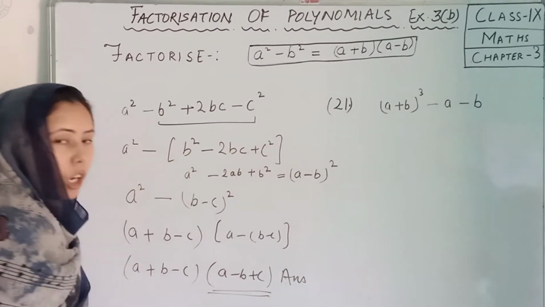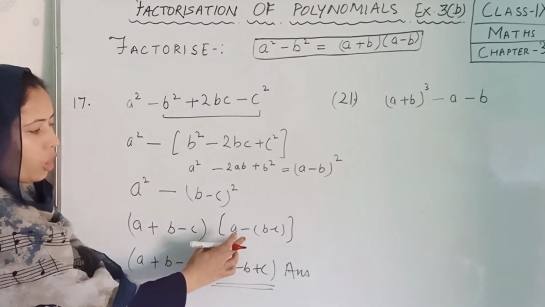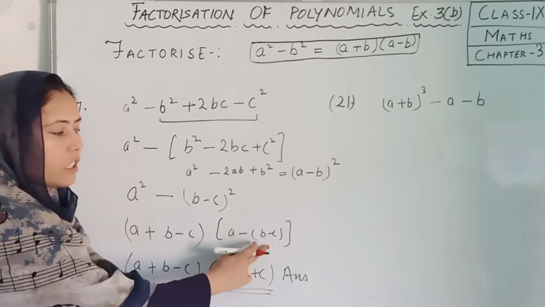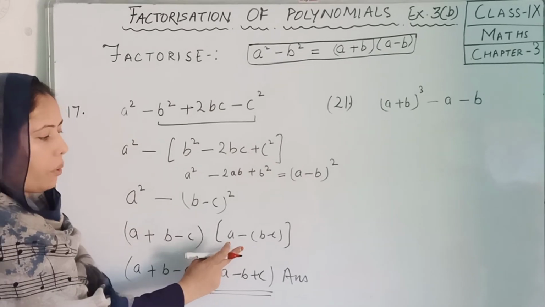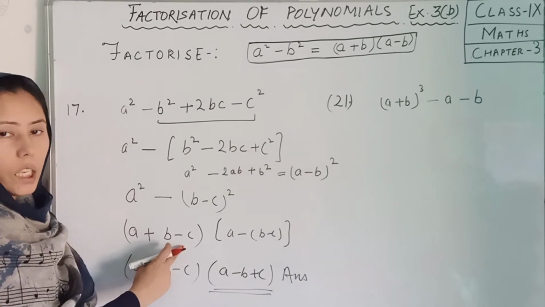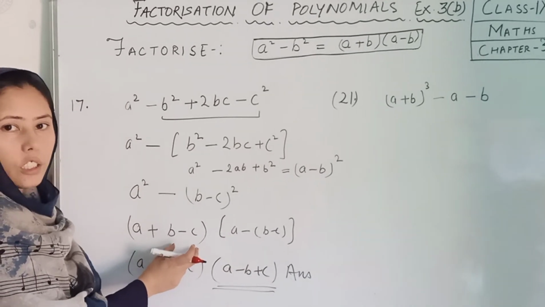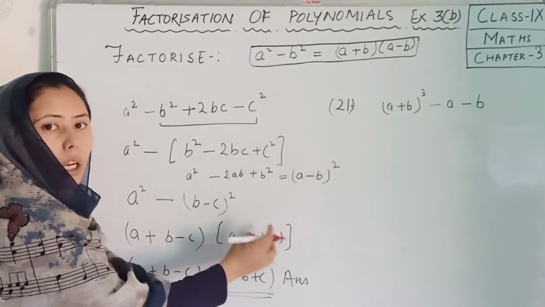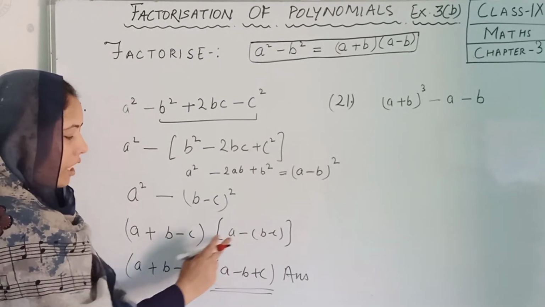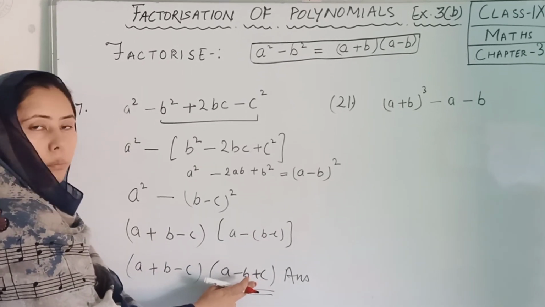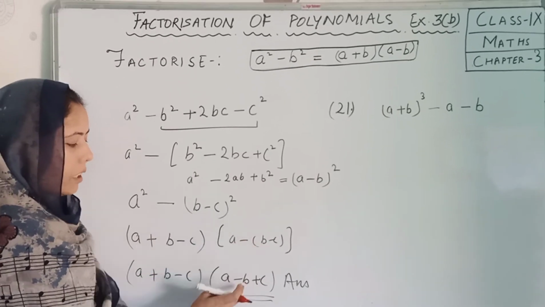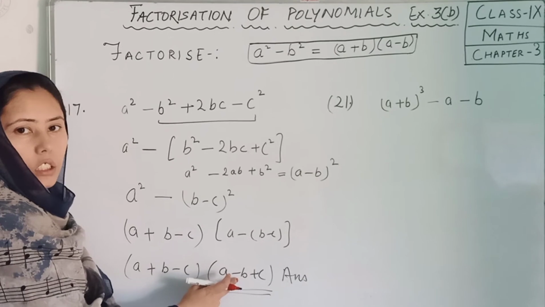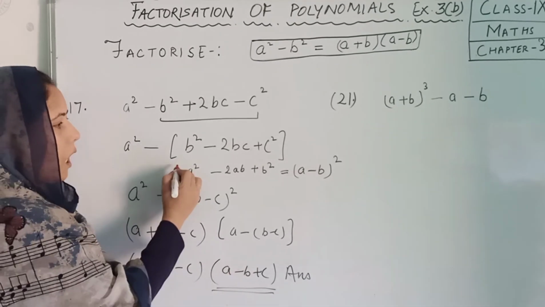This is an important step, to multiply minus inside. Students mostly make this mistake. When two terms are there, in a plus b the sign does not change because plus is outside the bracket, but when there is minus, the sign is multiplied, so the sign changes. Here minus c is written, here it will become plus c. B is negative here. This is your answer.